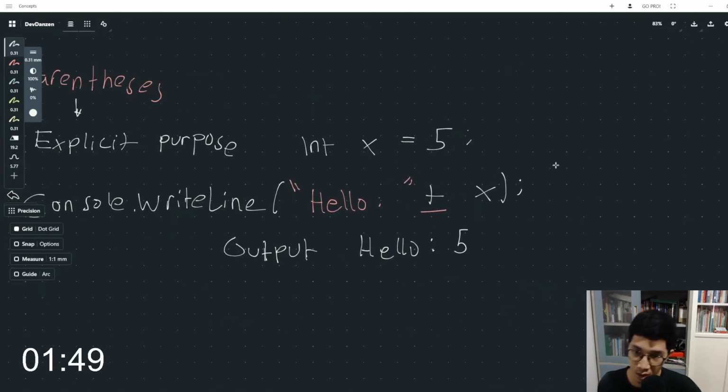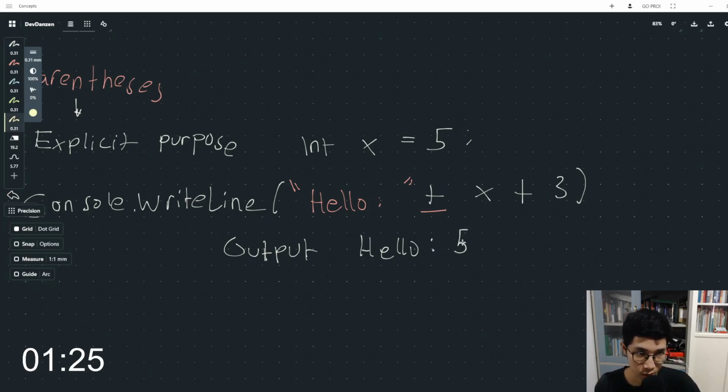Okay, let's say I want one more literal integer here, for example 3. What will the result be? Will the result become 8 or 53?